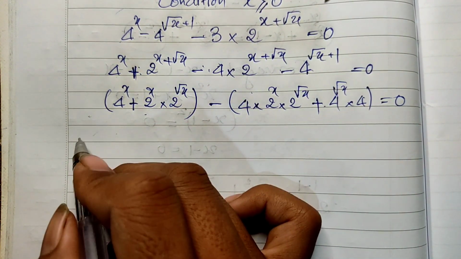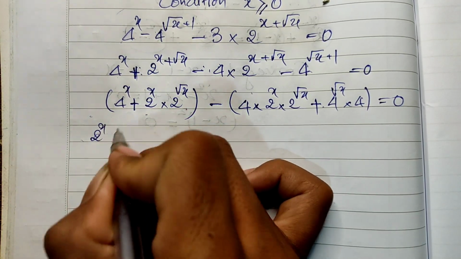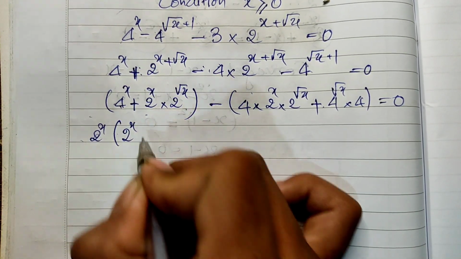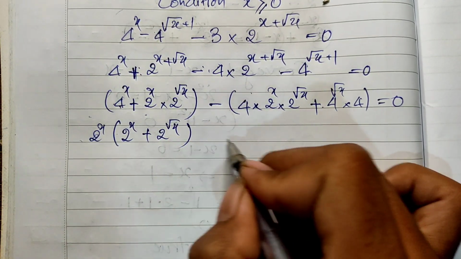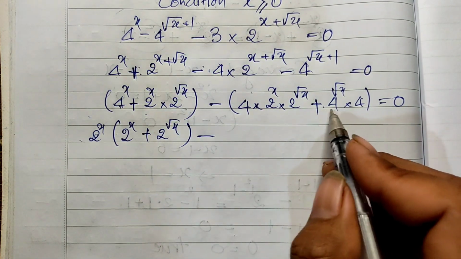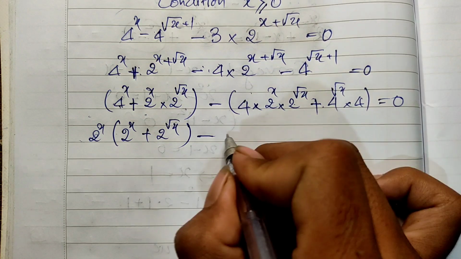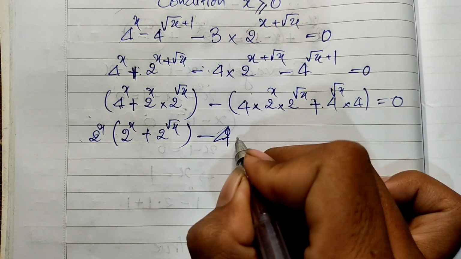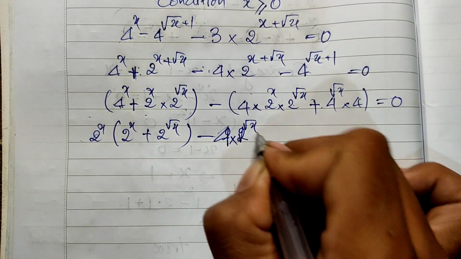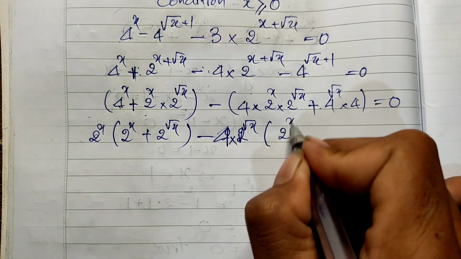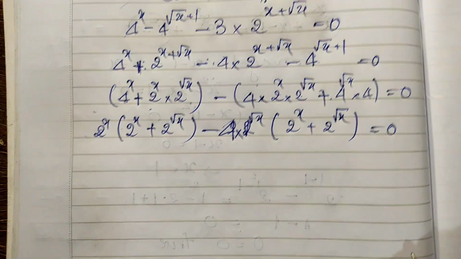And now this, I can write it as 2 power x times 2 power x plus 2 power square root of x, minus 4 times 2 power square root of x times 2 power x plus 2 power square root of x is equal to 0.